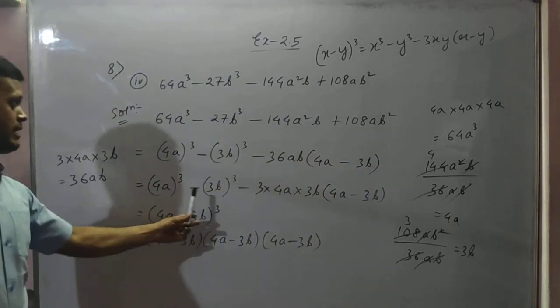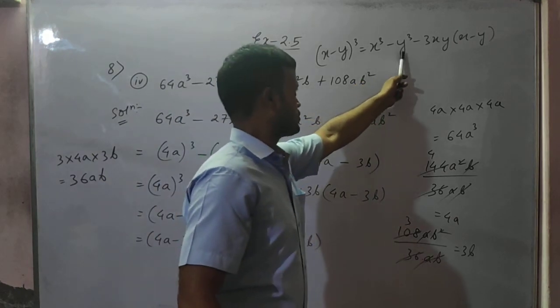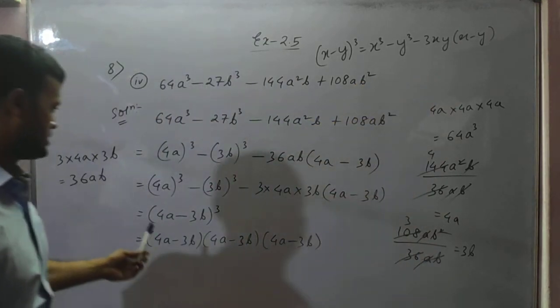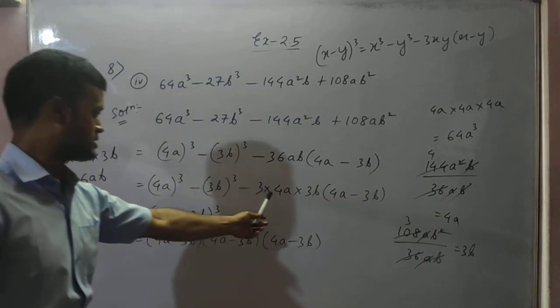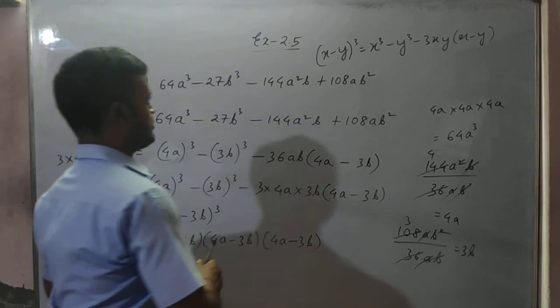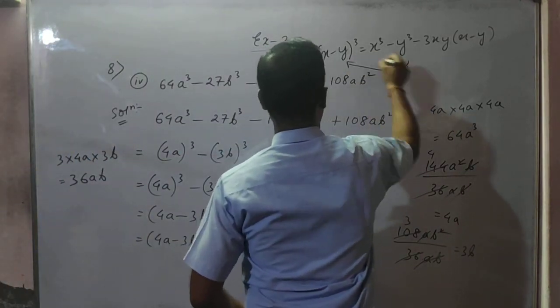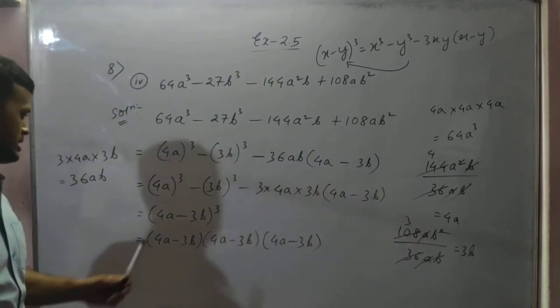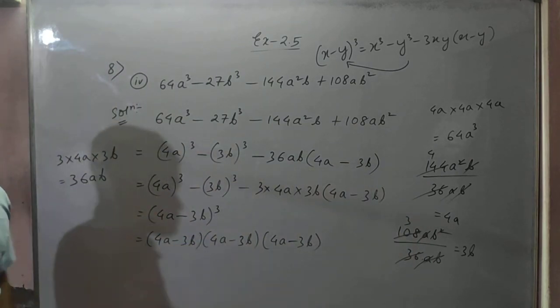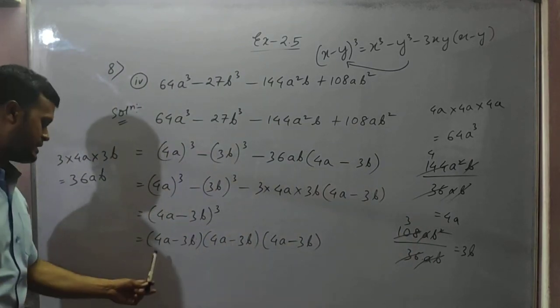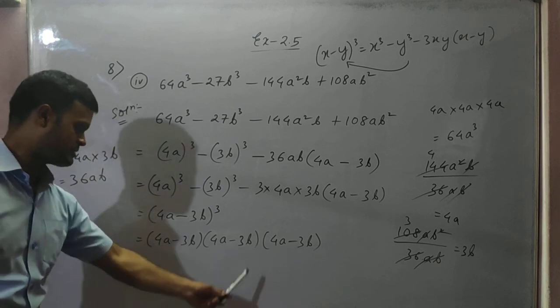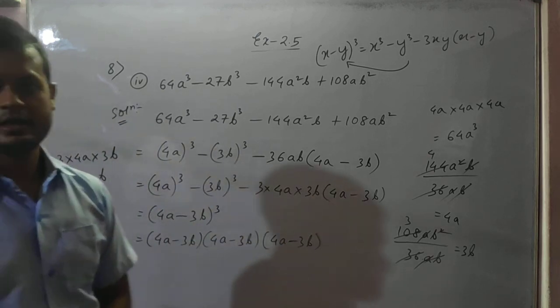So x cube minus y cube minus 3xy into x minus y will be equal to x minus y whole cube. So that's why I wrote 4a minus 3b whole cube. So 4a minus 3b whole cube, we will write 3 times 4a minus 3b into 4a minus 3b into 4a minus 3b. Is it okay?